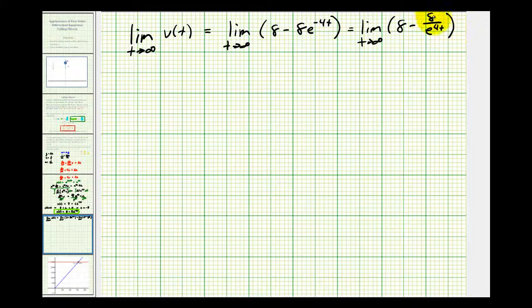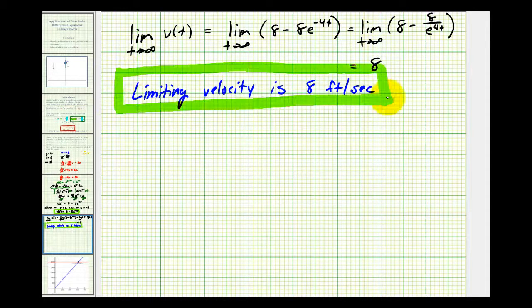In this form, we can see the second term is going to approach 0 because the denominator is increasing without bound as t approaches infinity. Therefore, this limit is just equal to 8, which means our limiting velocity is equal to 8 feet per second. That's the fastest this object will fall until it hits the ground, due to the air resistance.